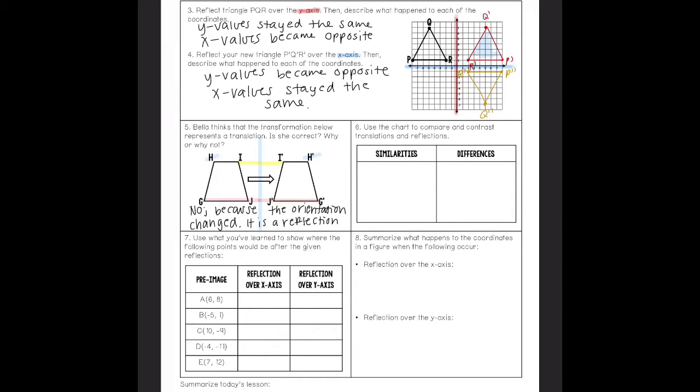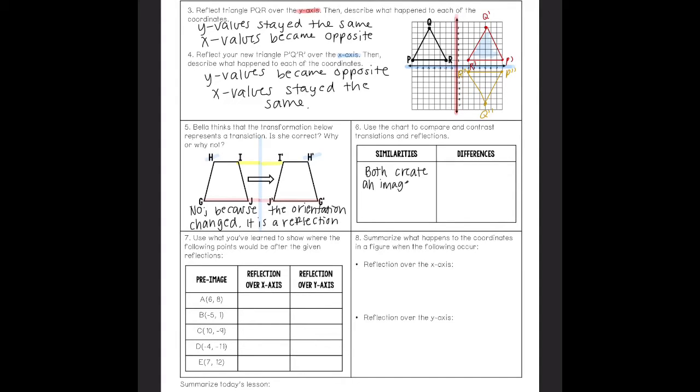All right. So, number 6, use the chart to compare and contrast translations and reflections. How are they similar? Well, they both create an image that is congruent to the pre-image, right?